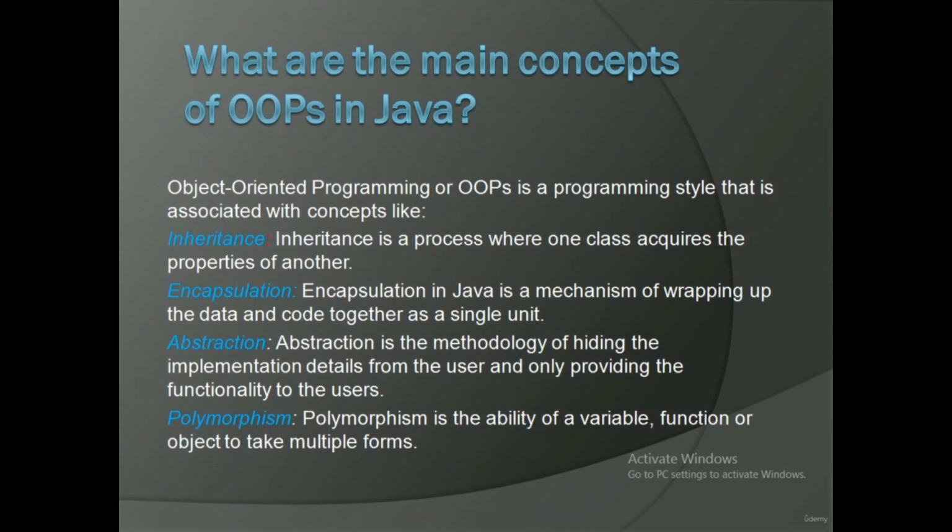Encapsulation in Java is a mechanism of wrapping up the data and code together as a single unit. Abstraction is a methodology of hiding the implementation details from the user and only providing the functionality to the users. Polymorphism is the ability of a variable, a function, or an object to take multiple forms.